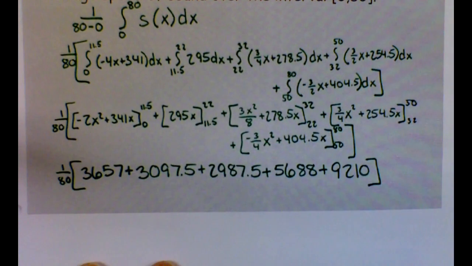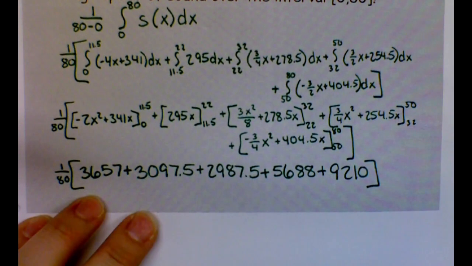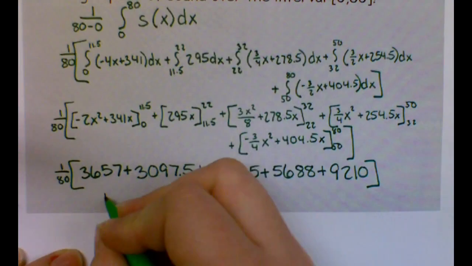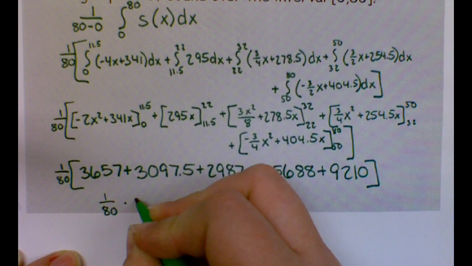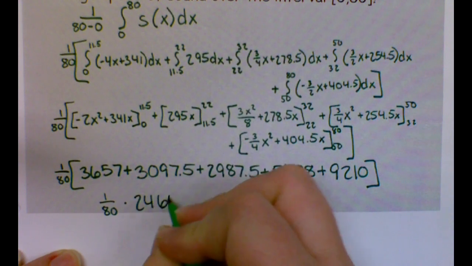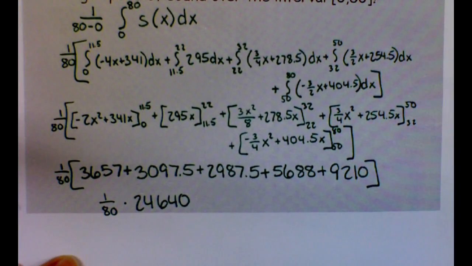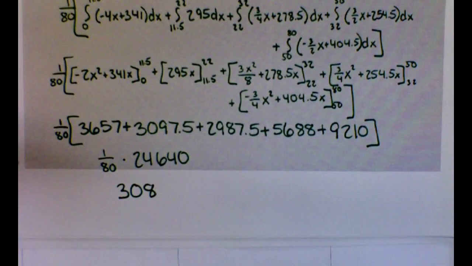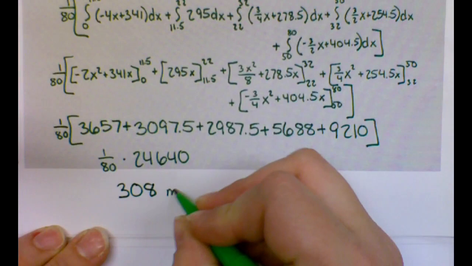And now I just add these all up. 3657 plus 3,097.5 plus 2987.5 plus 5688 plus 9210. I have 1/80th times 24,640. And when I get that, it is an average value of 308 meters per second.